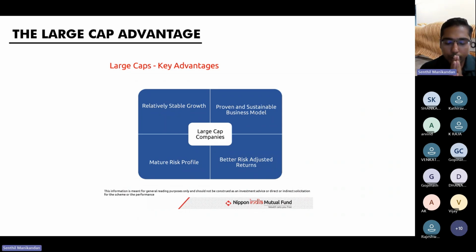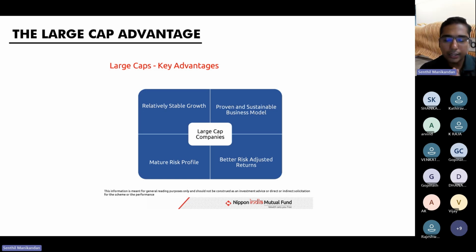When the economy is trending towards a slightly downward or normalized growth, typically in the last cycles, what you have seen is that large caps tend to do a bit better than small caps in terms of earnings. That's because large caps usually have a stable and proven business model.